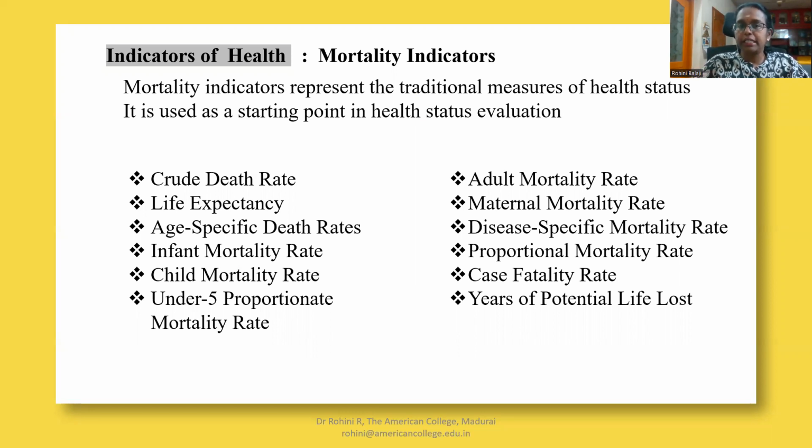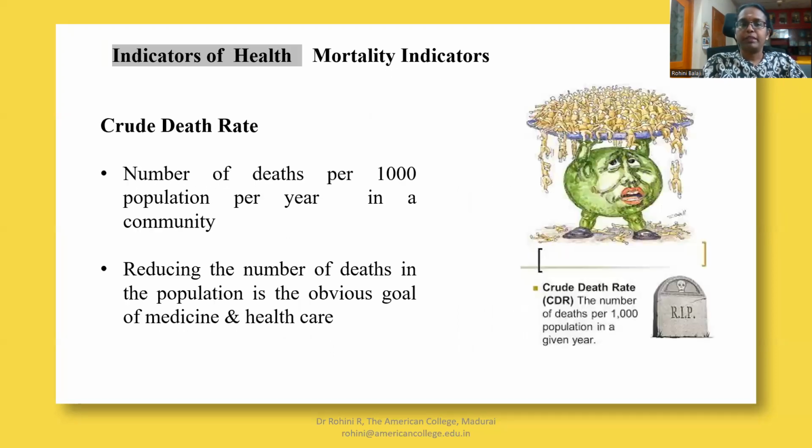Mortality is of different types: crude death rate, life expectancy, age-specific death rate, infant mortality, child mortality, under-5 proportionate mortality, adult mortality, maternal mortality, disease-specific mortality, proportional mortality, case fatality, and years of potential life lost.